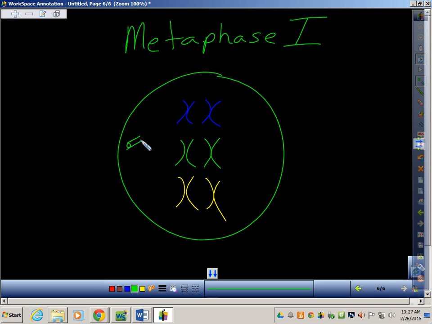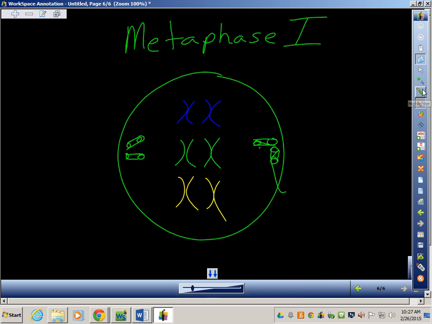On the ends of each cell, I would have my centrosomes, which we all know is two centrioles in each centrosome, each with spindle fibers that will be attached to the centromere.